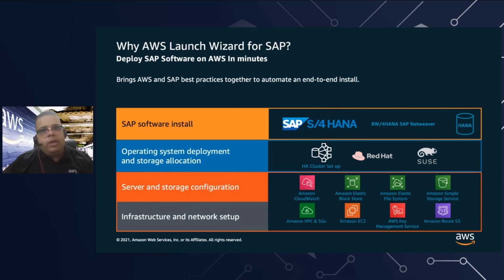The testing needs to be done because you need to make sure that it will work when there is a service disruption to the node or any other services, right? Finally, your SAP system is ready for use.